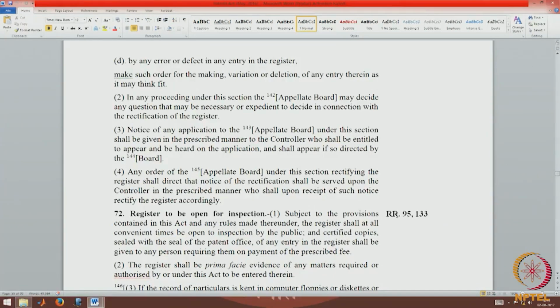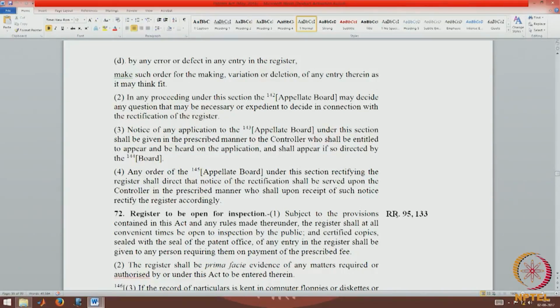In any proceeding under this section, the appellate board may decide any question that may be necessary or expedient to decide in connection with the rectification of register. For instance, we saw that if there is an assignment and there is a dispute with regard to the assignment, the controller cannot take a call; rather the controller has to direct the parties to go to the competent court. We saw that in an earlier provision.